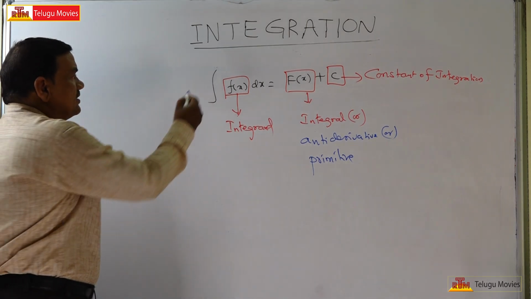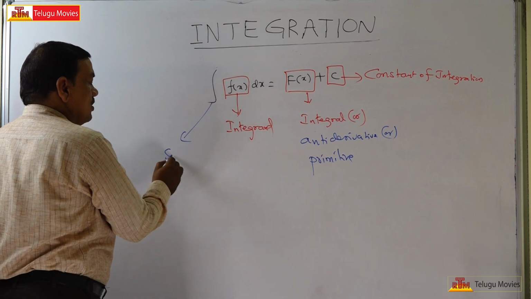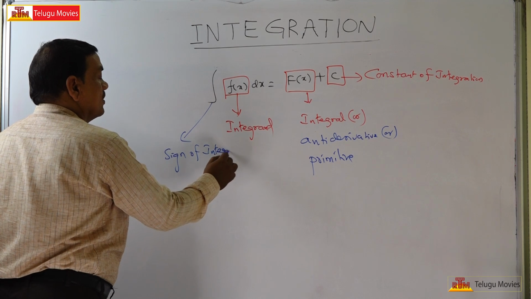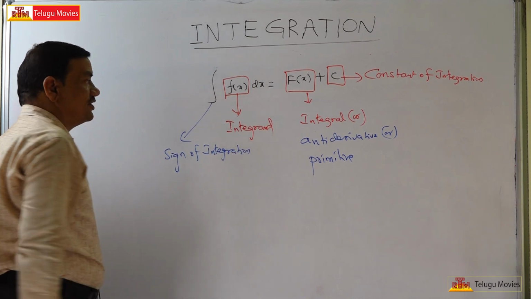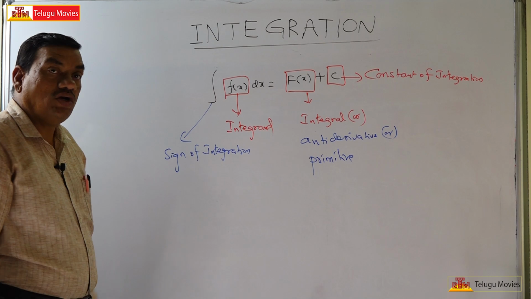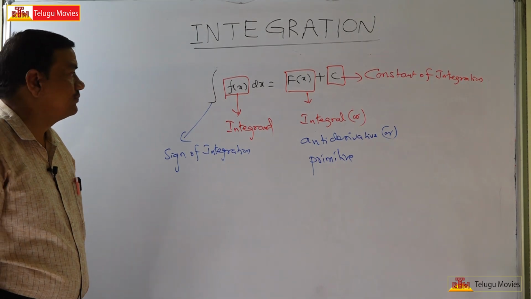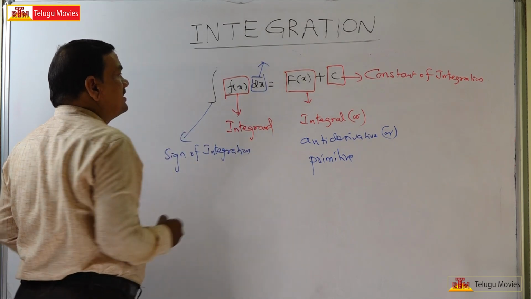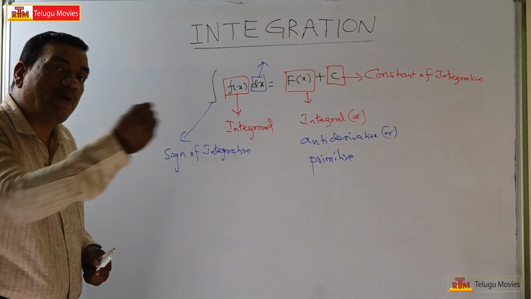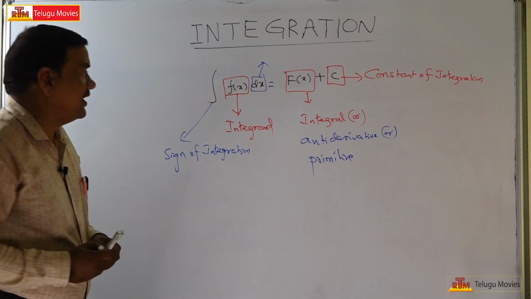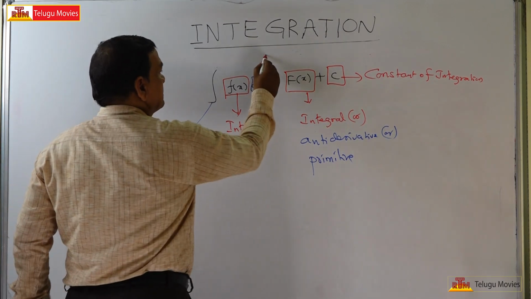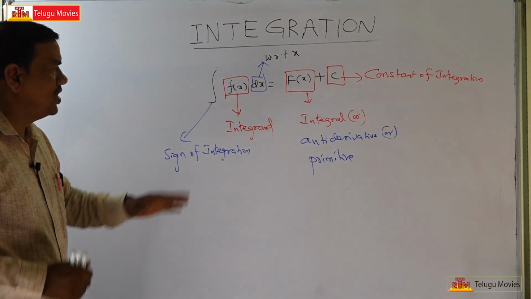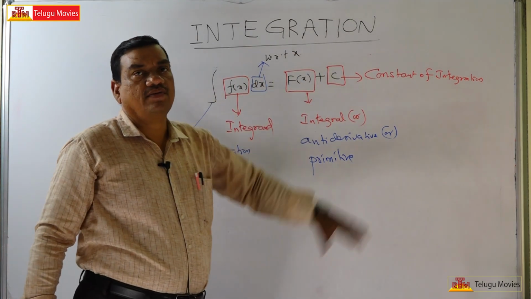This symbol is called the sign of integration. Coming to dx, this dx tells with respect to which variable you are integrating. So, with respect to x, you are integrating the function. Everything is clear.